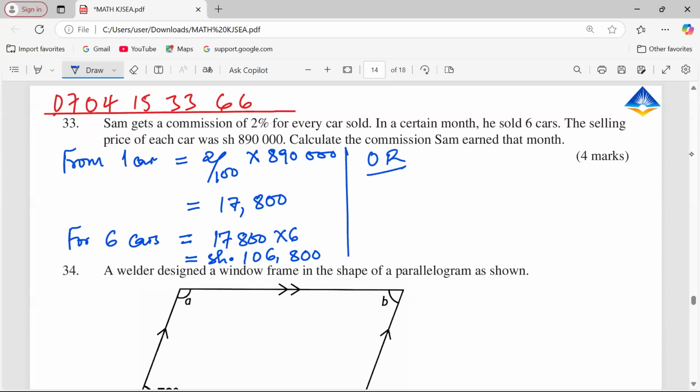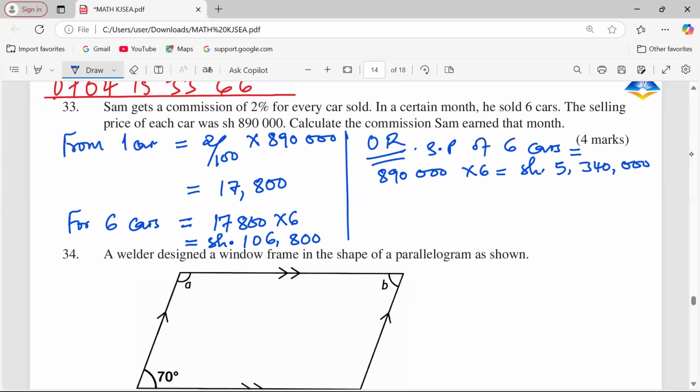Then alternatively, for the same question, we can get the selling price of 6 cars, which is going to be 890,000 by 6 cars. So 890 by 6 cars, we are going to get 5,340,000. That is now the selling price for the 6 cars.